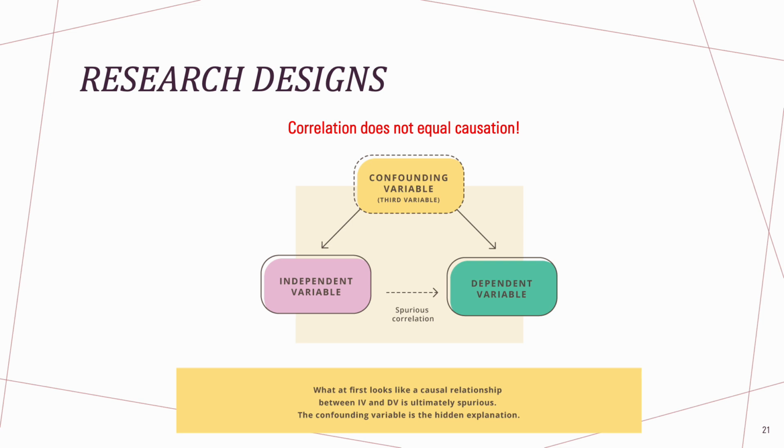And it's not actually that the pink predicts or produces this green bubble. It might actually be that there's some other outside variable that is causing this relationship to exist. So we would call that a spurious correlation. There might be some other reason that explains the association, and it's not actually the independent variable that necessarily causes it.